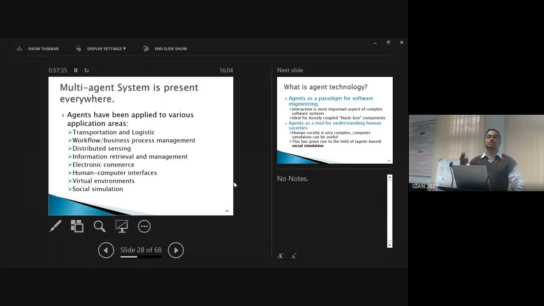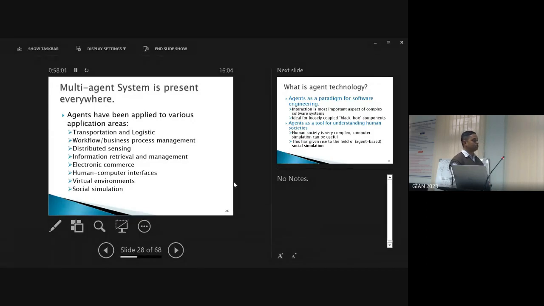You cannot keep the sensor running 24/7 because there is an issue with power. So when will which sensor be on, which sensor be off? Can you make a schedule to make a set of sensors active? So, distributed sensing.